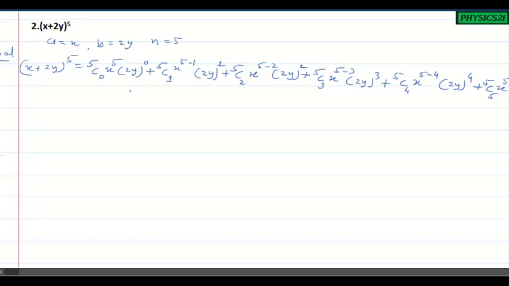Calculate the value of 5C0, it is equal to 1. Value of 5C1 is equal to 5. Value of 5C2 is equal to 10.